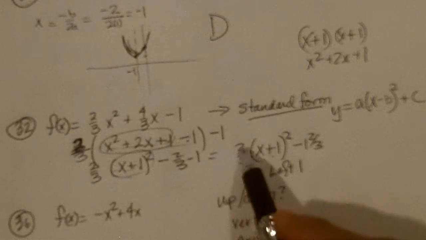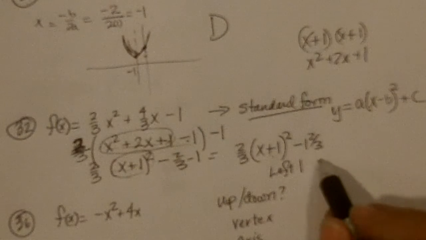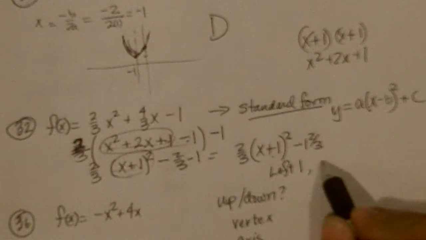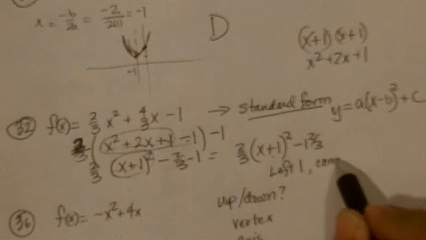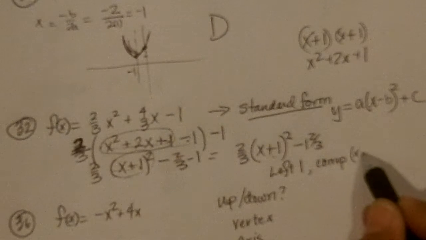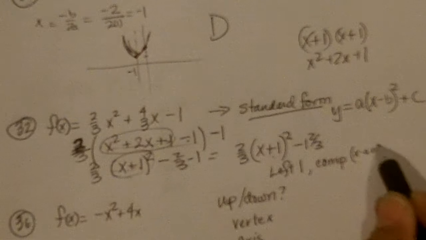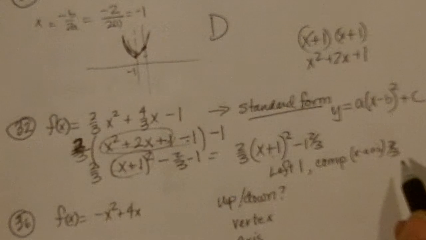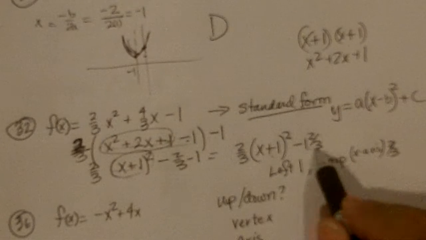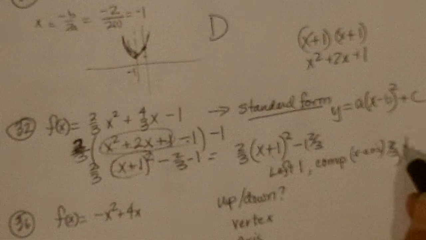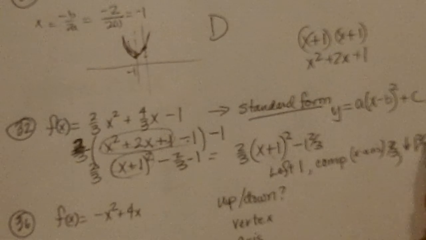Then on the outside, this 2 thirds would happen first, so it takes it 2 thirds as far from the x-axis, so it's a compression towards the x-axis of 2 thirds, and then it's down 1 2 thirds.